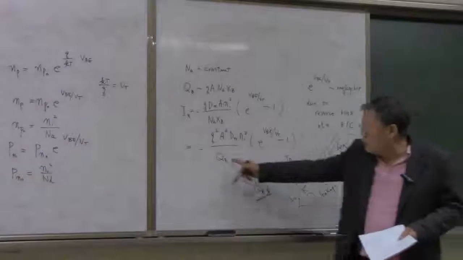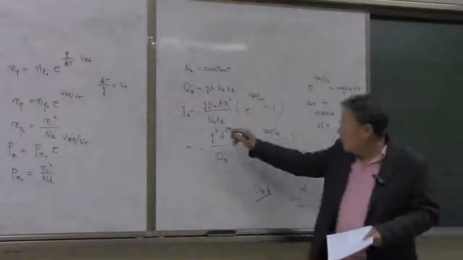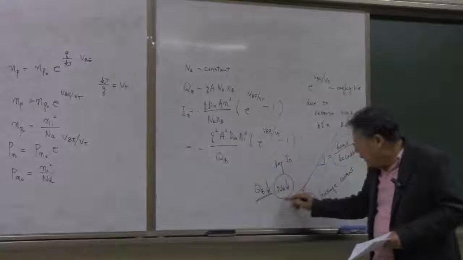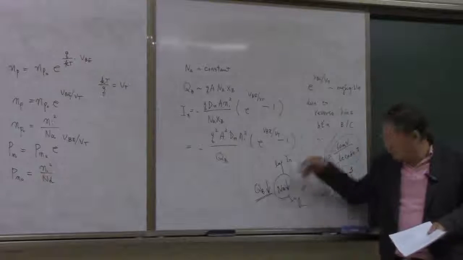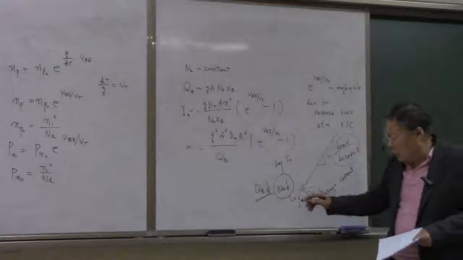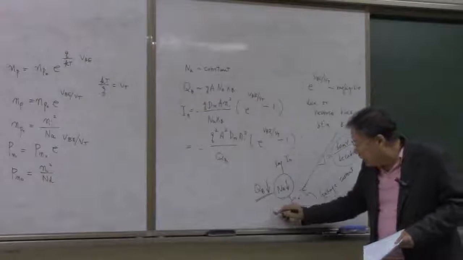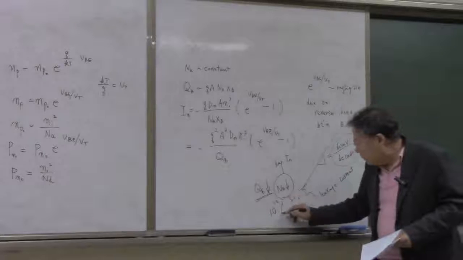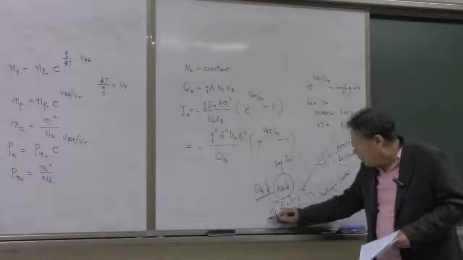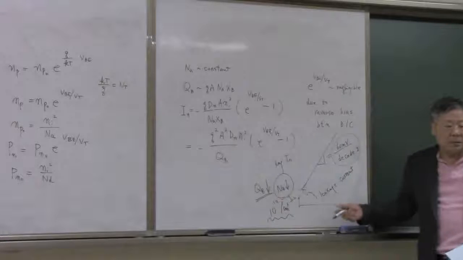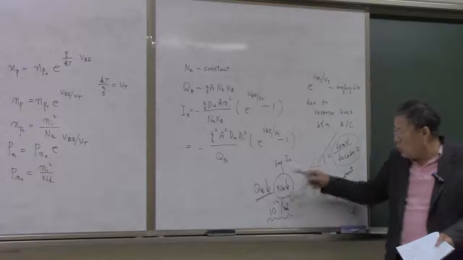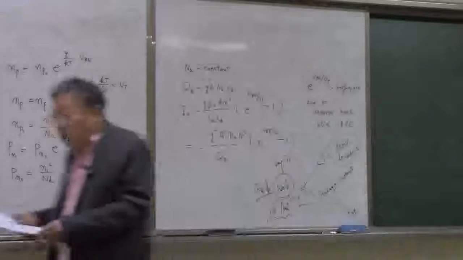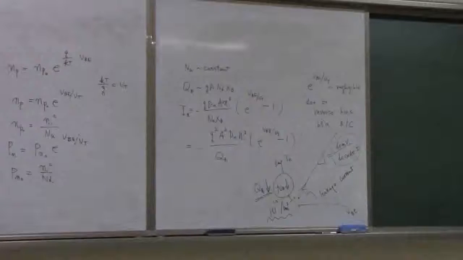In order to make QB small, all you have to do is make the concentration of the base as small as possible. And modern technology says we can make about 10 to the 12 per centimeter cubed. This low doping is possible with modern technology. So we can have very good workable bipolar transistors.